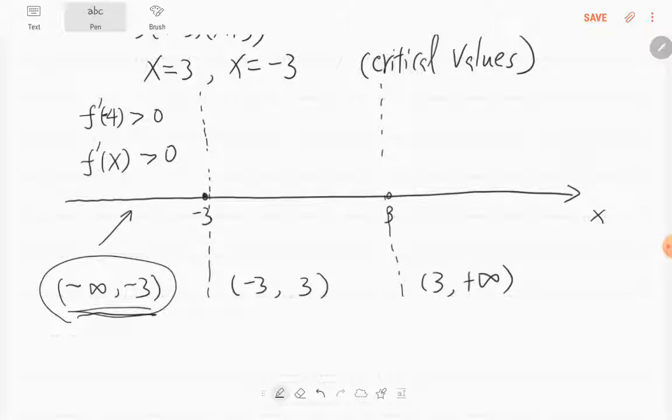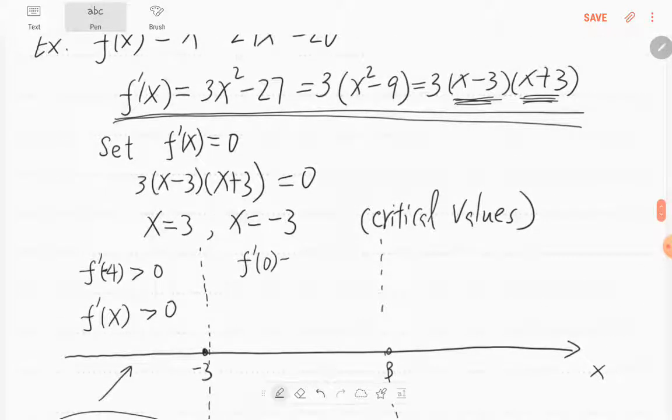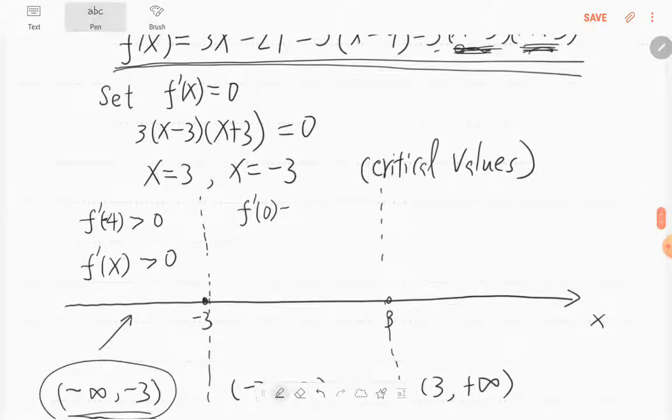The same thing for this interval from negative 3 to 3. Let's pick a number 0, plug it into the derivative. So this would be plugging 0. So here is 0 minus 3 negative, 0 plus 3 positive, 3 is positive, so positive times negative times positive would be negative. So here is less than 0.